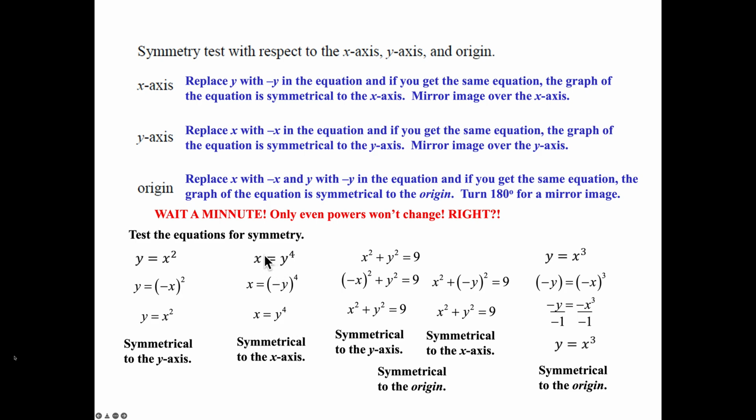Remember we said this equation has y to an even power. This is not a function. So functions will never be symmetrical to the x-axis. Never x-axis for functions. Equations, yes, because those are relations. Functions, no.